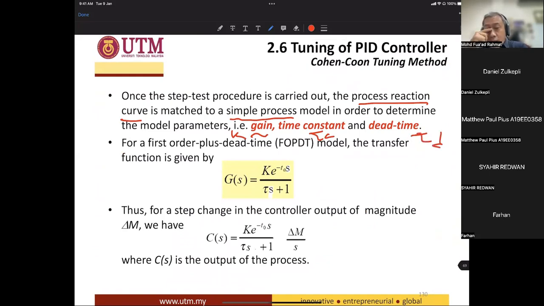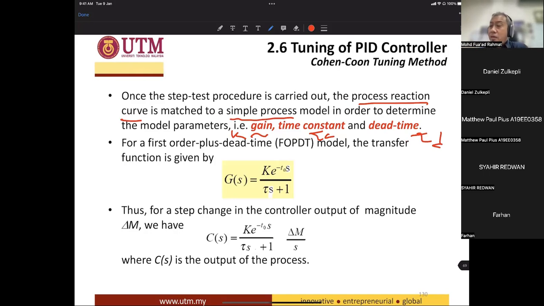K is the gain, the time constant is TC, which is 63% of the final value, and the dead time is the period from 0 to the transient response.